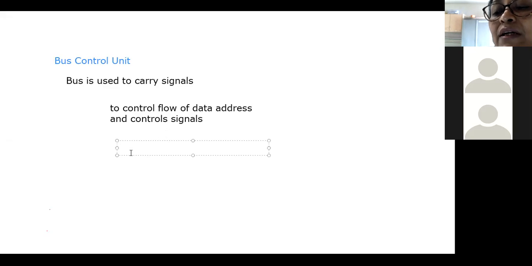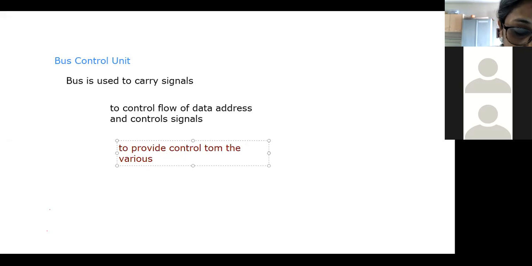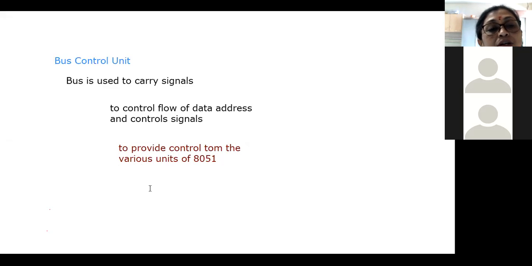The second function is to provide control to the various units of the microcontroller, or your 8051. So this is the second function of the bus control unit.